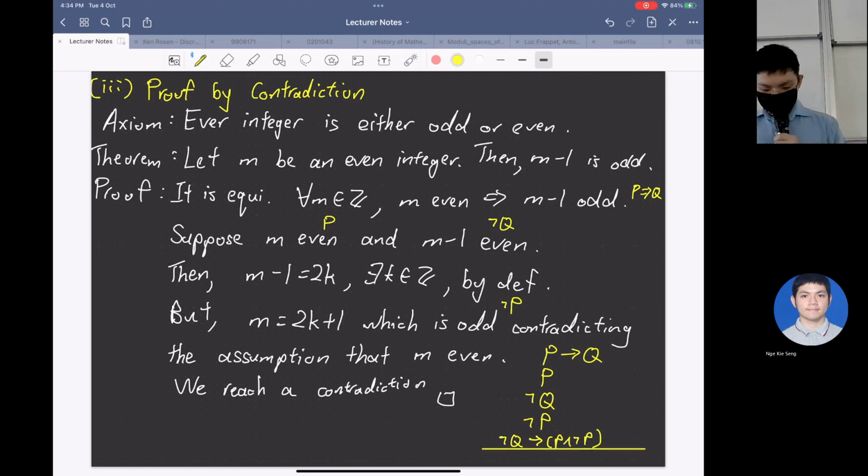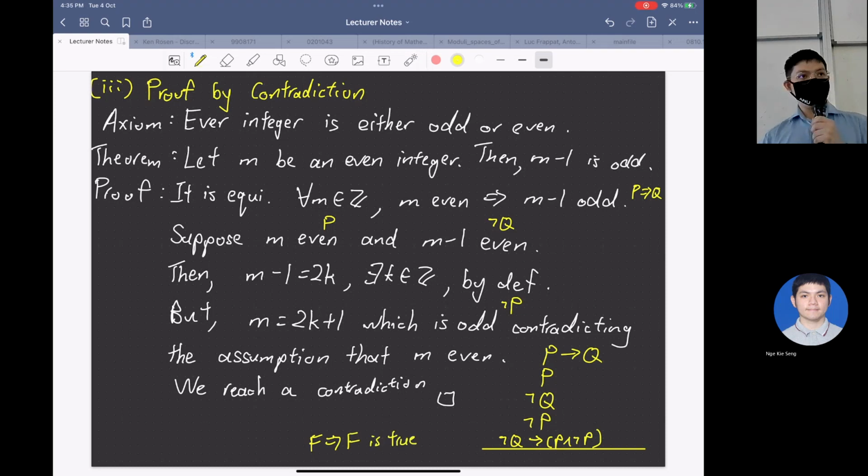Contradiction, right? So if this implication is true, what can imply false? What implies false is true? False, right? True implies false is false.